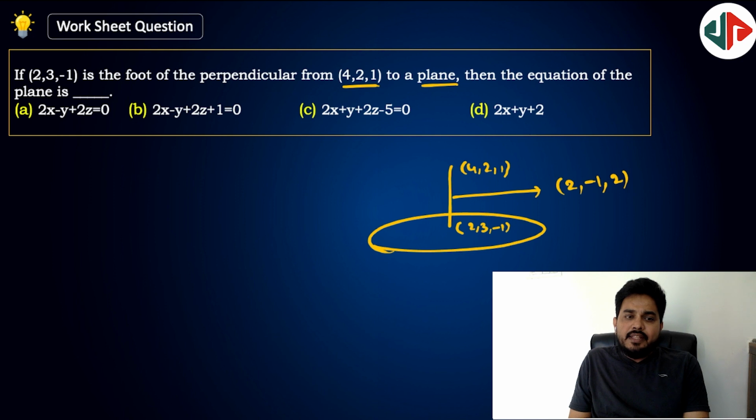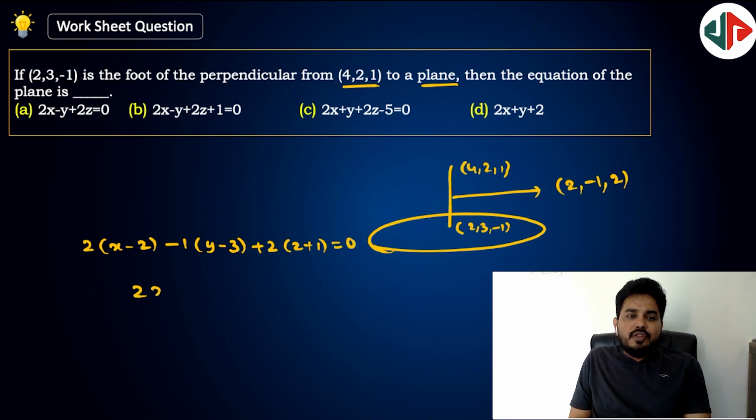So the plane is 2 times of x minus 2 plus, no, it's not plus, it's a minus. Why? Because here minus 1 is there. Minus 1 into y minus 3 plus 2 into z plus 1 is equal to 0.